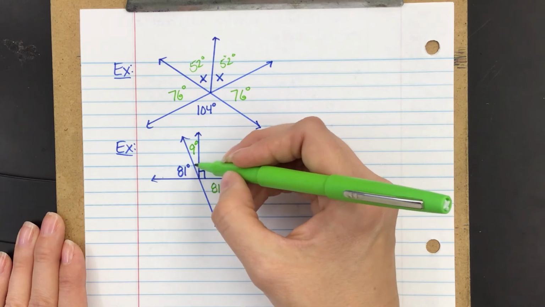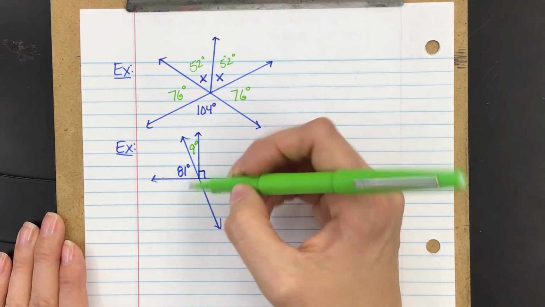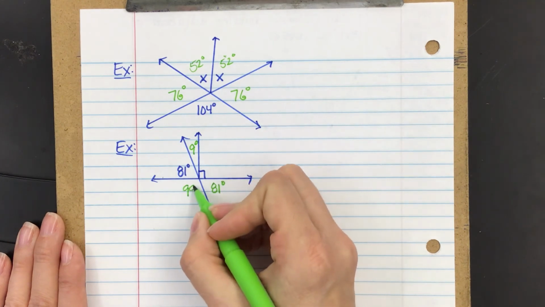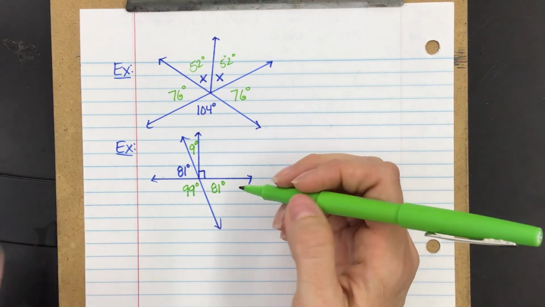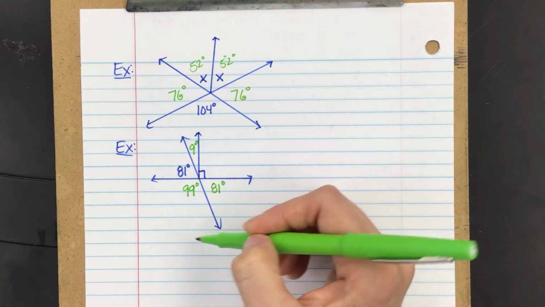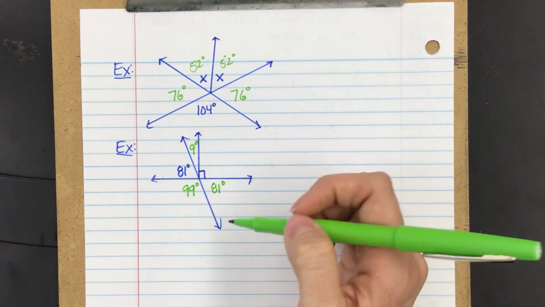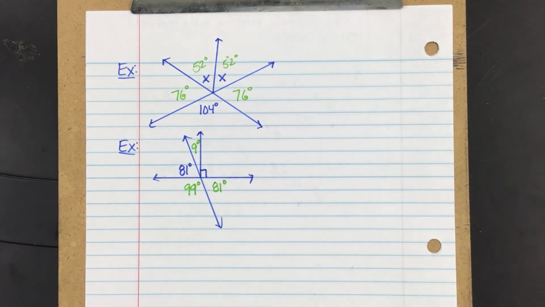They're complementary. Good. What's this big angle right here? How'd you know? Ooh, I heard a lot of different things. Some people said vertical. They did 9 plus 90. I heard some people say supplementary because this angle and this angle are supplementary to each other. That's what's fun about these, is you can look at them from so many different ways, okay?